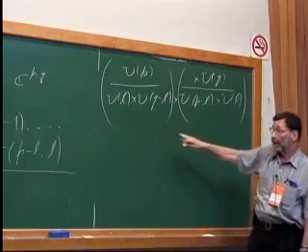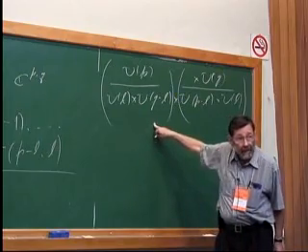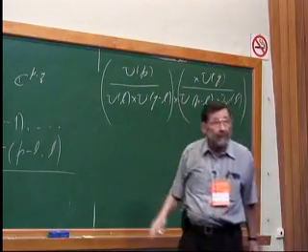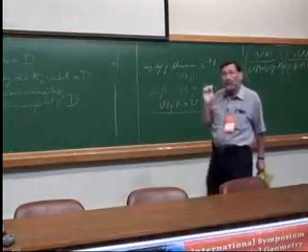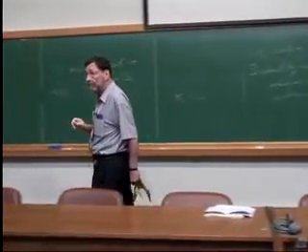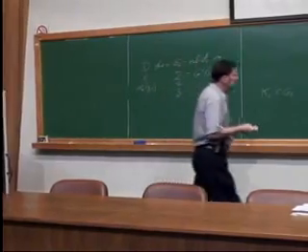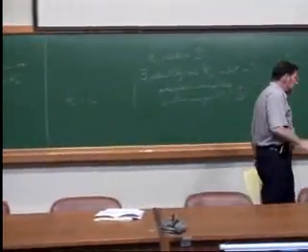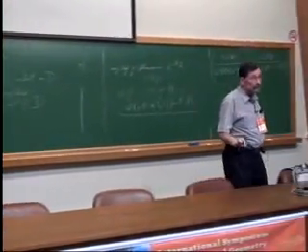So the compact group is going to have an orbit which is a product of two smaller Grassmann manifolds.